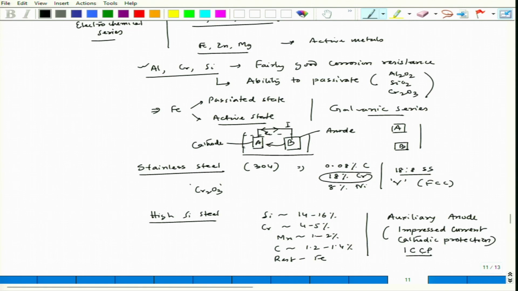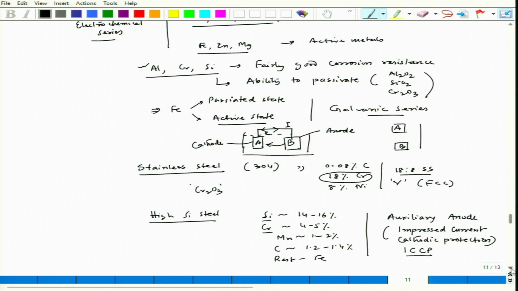We will talk more about this ICCP later when we talk about cathodic protection, and in connection to that we will come to know about anodic protection also. But at this moment we see that because of those passive layer forming elements, we have a serious degree of corrosion resistance.